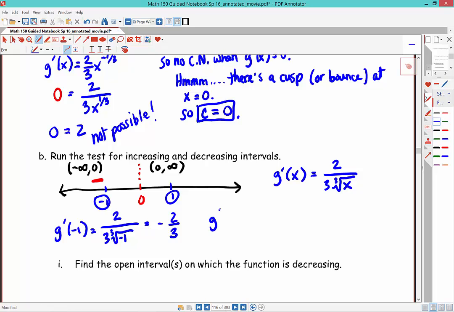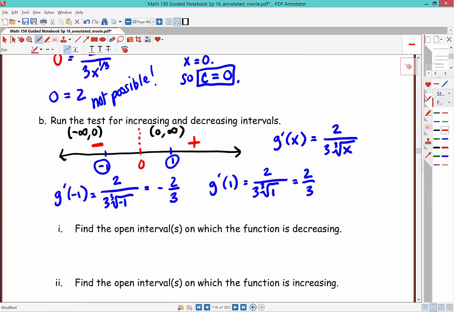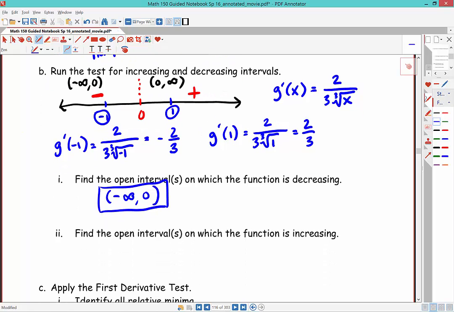And g prime at +1 will be 2 over 3 times the cube root of +1, which is +2/3. And so on this side, we'll get a positive. So the open interval on which the function is decreasing is just from minus infinity to 0. And the open interval where the function is increasing is on 0 to infinity.